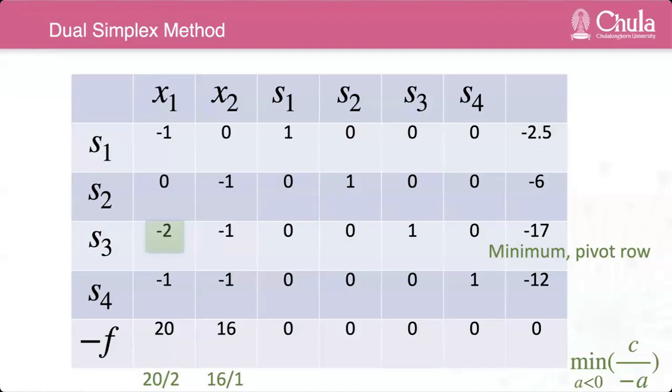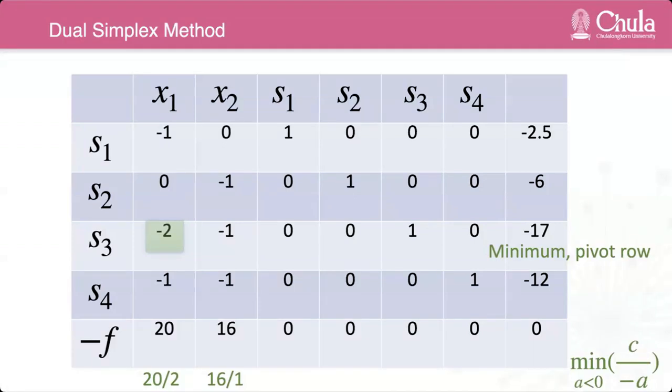Okay. Now, the algorithm, instead of looking at the coefficient of the objective function, we look at the right-hand side of the constraint first. The simplex method, remember, you look at the coefficient, right?